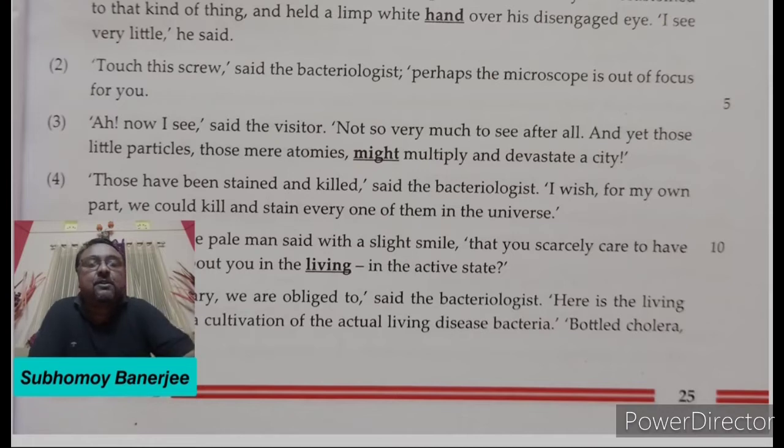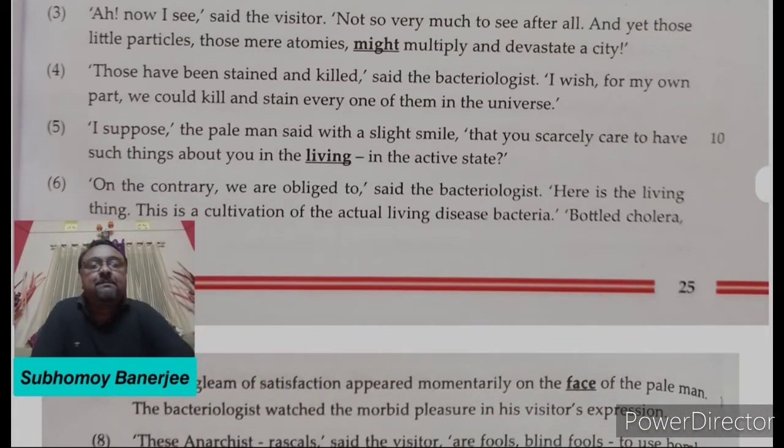Now let's scroll to paragraph number 5. What is said here? I suppose, the pale man said with a slight smile, that you scarcely care to have such things about you in the living, in the active state. Living, active state. Something which is alive.